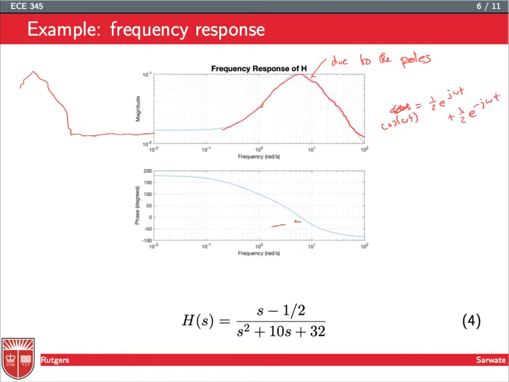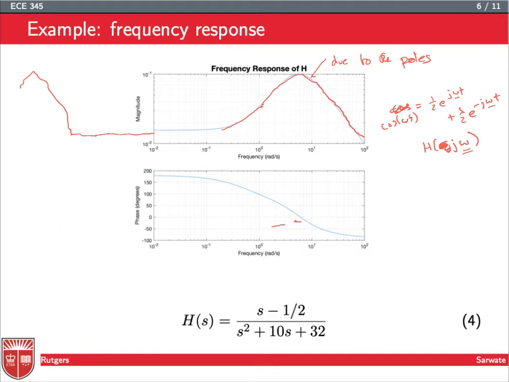So we can think of that as something happening at minus omega. The cosine, when it goes through an LTI system, gets affected by, remember, H of j omega. And this omega encapsulates both the plus omega here and the minus omega here.